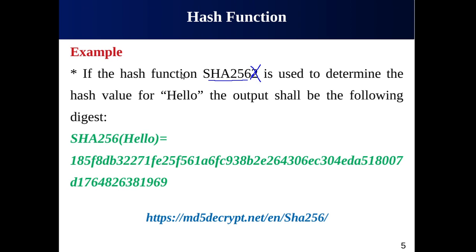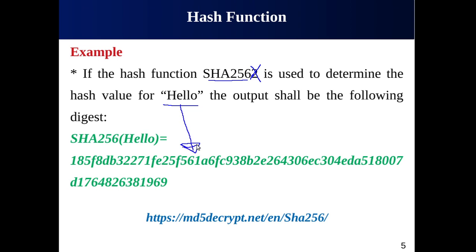Actually, this hash function SHA-256 is basically used to generate a hash value. So for example, you have the input text hello, and you want to generate a hash value or a message digest for this hello, then it could be like this.